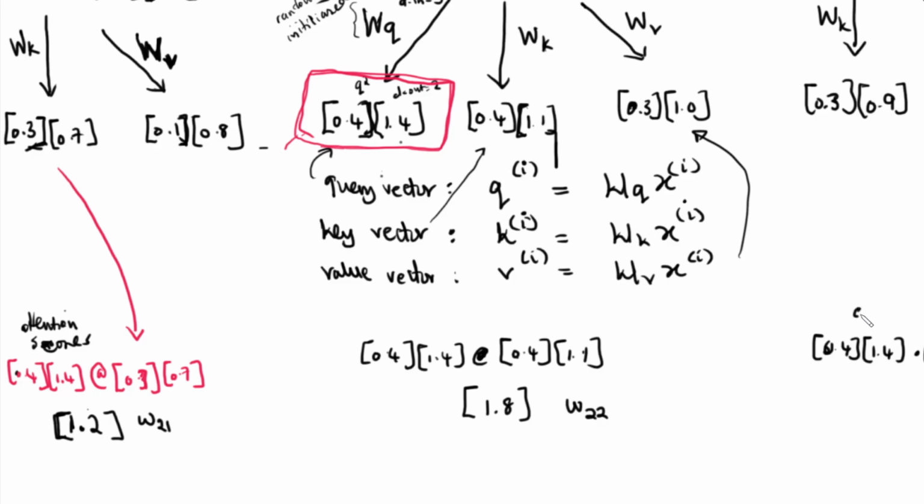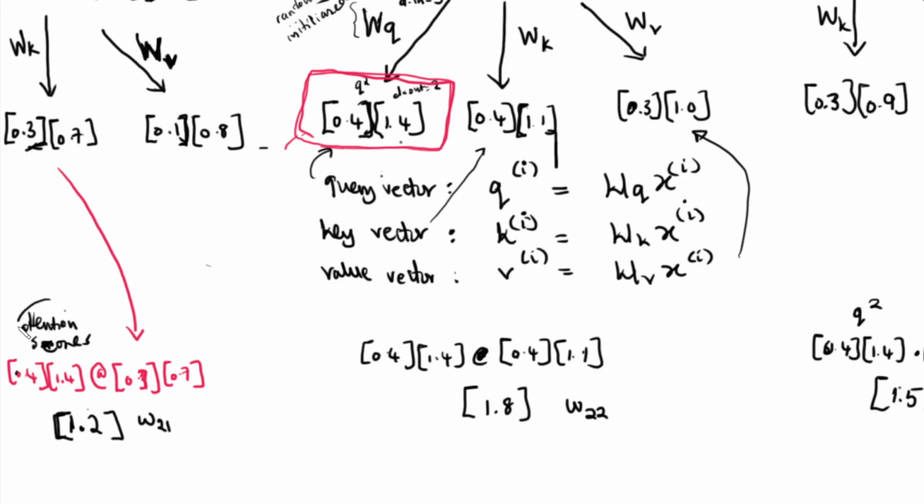This is what we have, Q2. And then you get the key vector for the last one, Kn. And that's what we have here. And what you'll find is this is 1.5. And this becomes our WN2. That's our WN2.